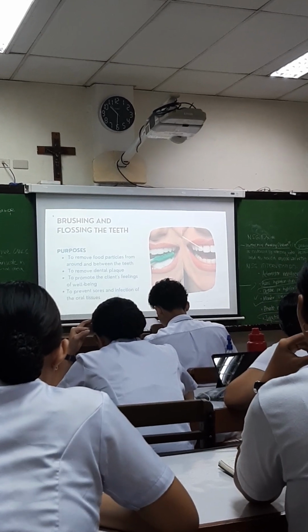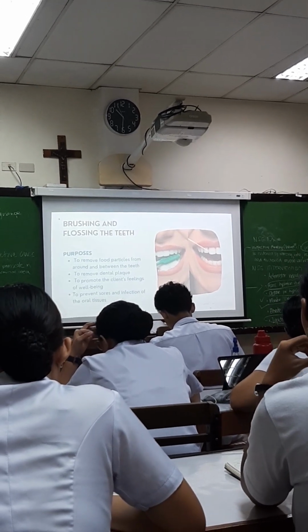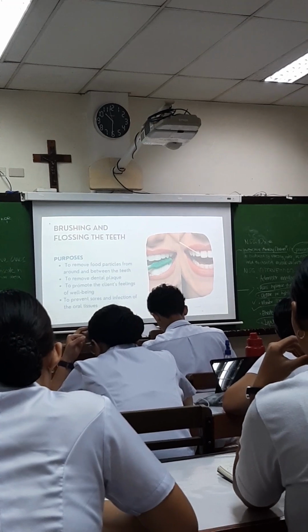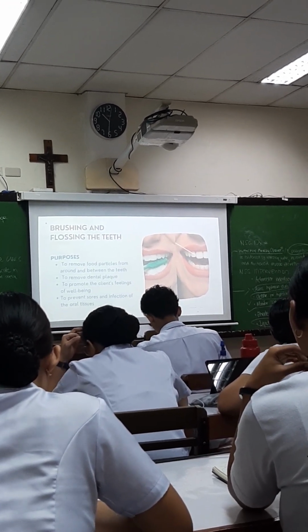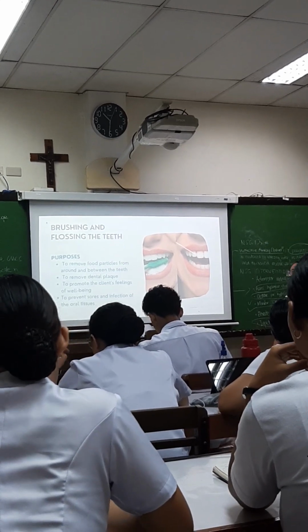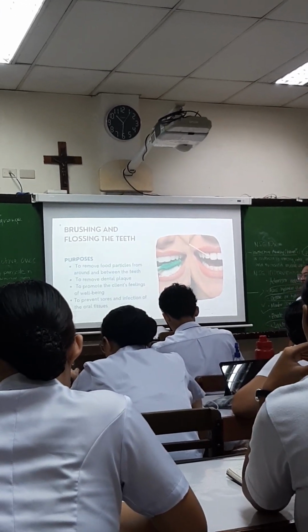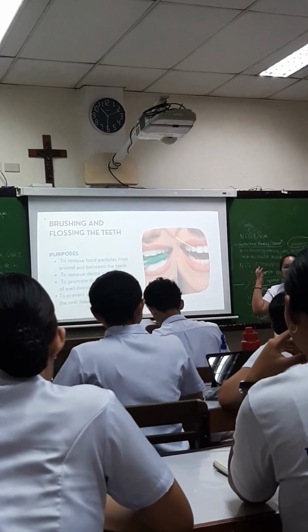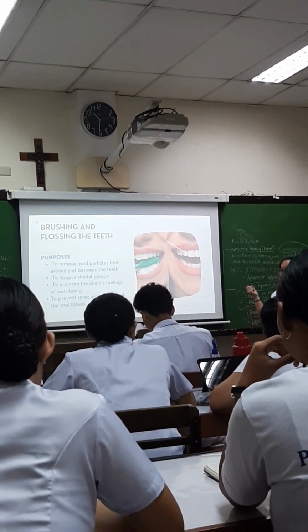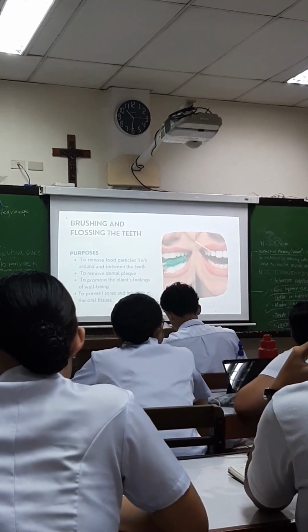The purpose of brushing and flossing the teeth is to remove food particles from around and between the teeth, to remove dental plaque, to promote the client's feeling of well-being, and to prevent sores and infection of the oral tissues. It is understandable, right? That is why we brush or floss.